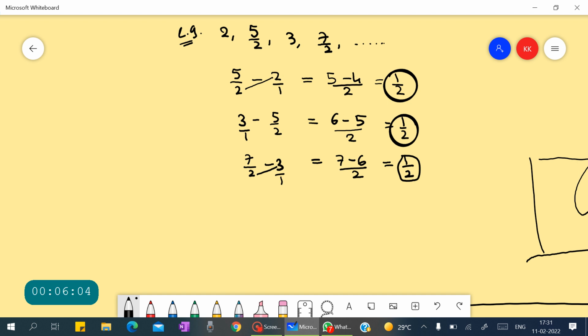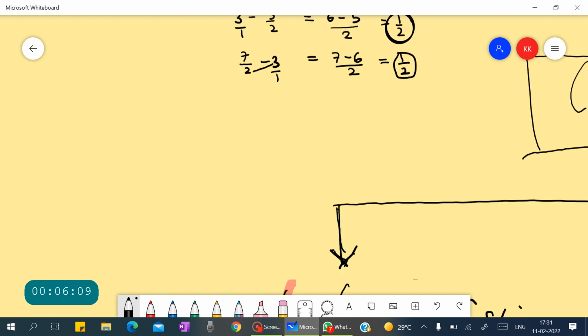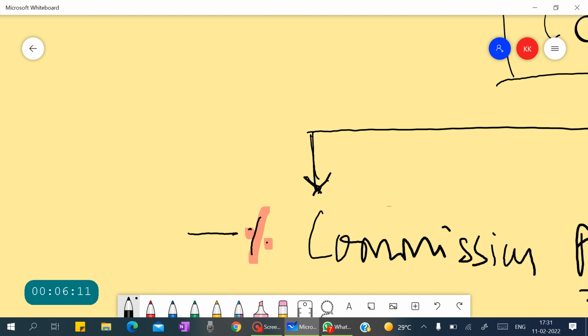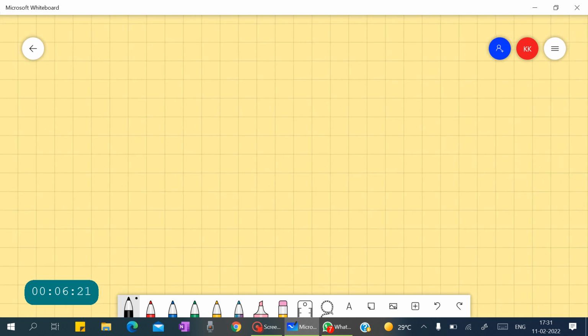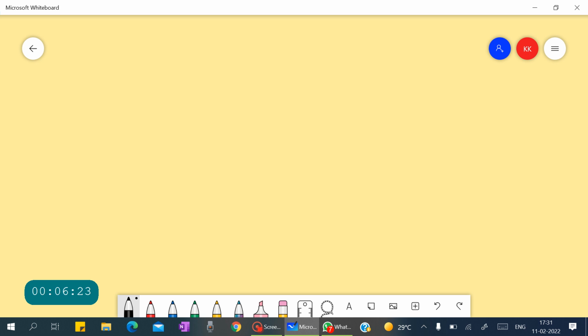Now, if I want to find any particular term of the given AP, then how can I find it? Very important question, right? So, my dear students, if I want to find the nth term, the formula is very clear.